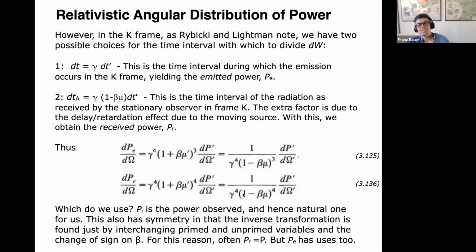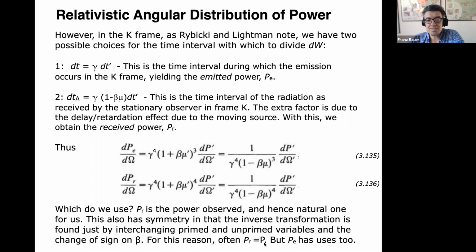And so that's the most natural one for us to use. There's also a nice symmetry here of having 4 powers of gamma and 4 powers of this 1 minus beta mu term, which is a little bit more convenient to remember. So we just interchange the primed and the unprimed variables here, and we want to go between these two and change the sign of beta.